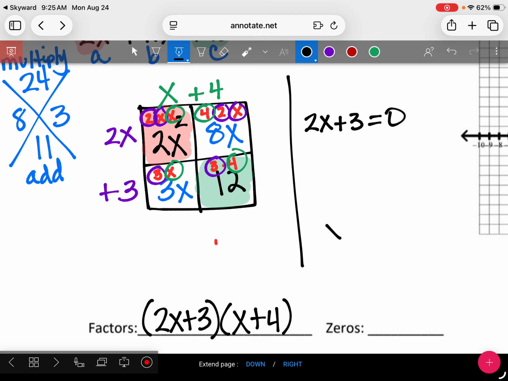That one's going to be a decimal. So go ahead, take a moment and solve both of those.